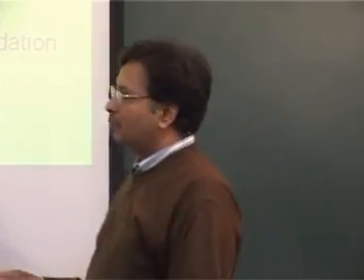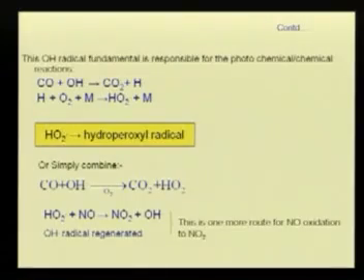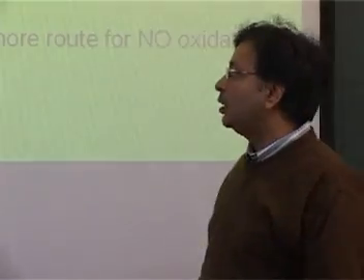Just see that there are some more players, other than ozone, to oxidize NO into NO2. Last time when I gave you the reaction, we only said the thing which can oxidize NO to NO2 was ozone, right? You remember that? But there are other routes also.